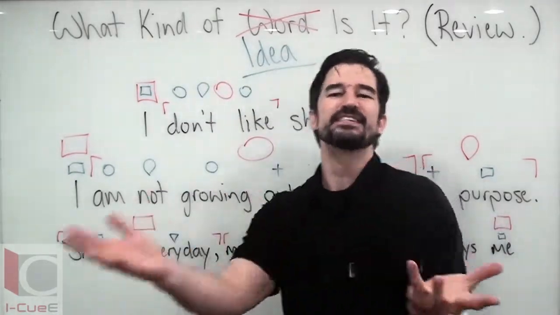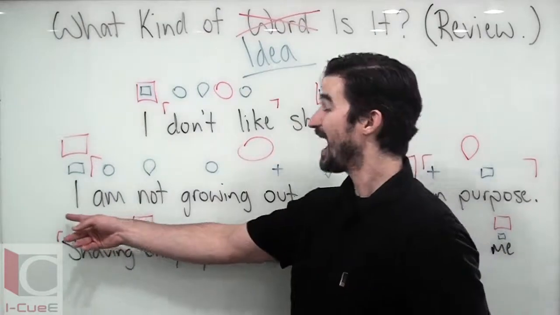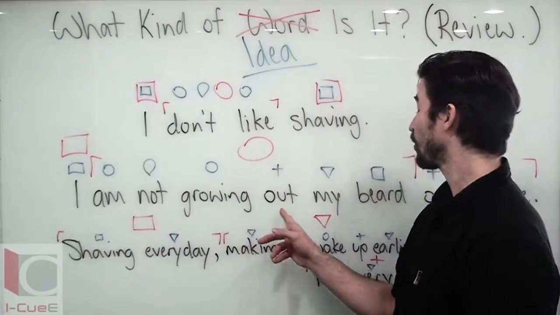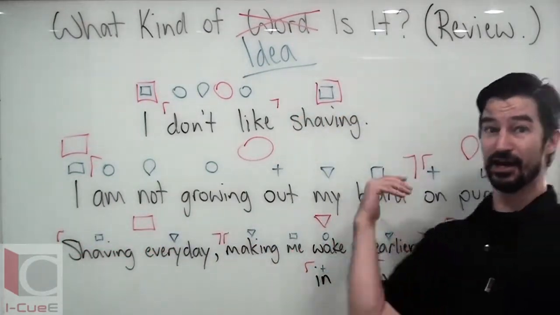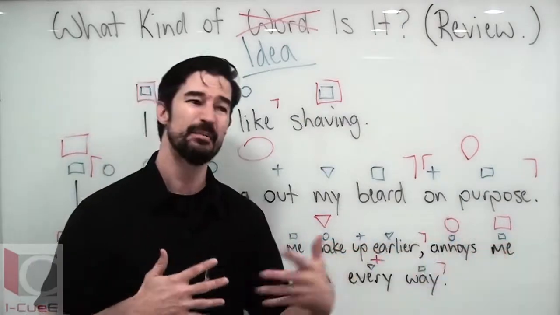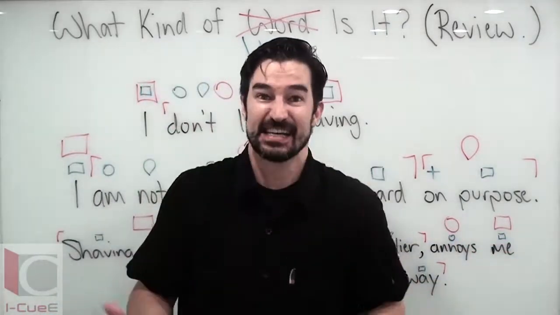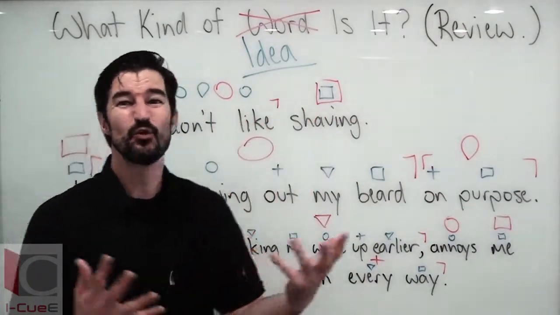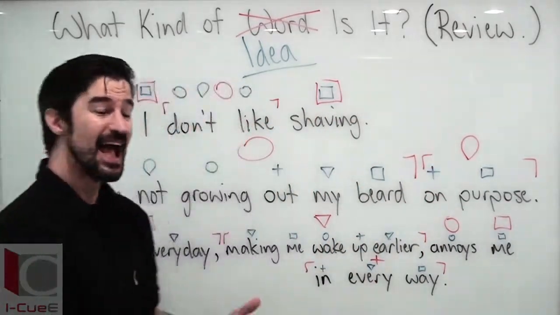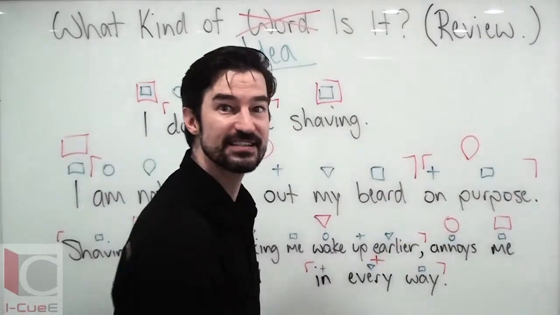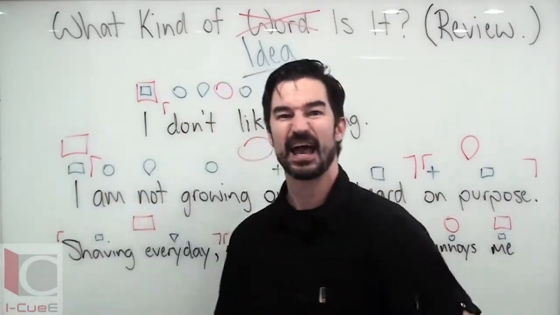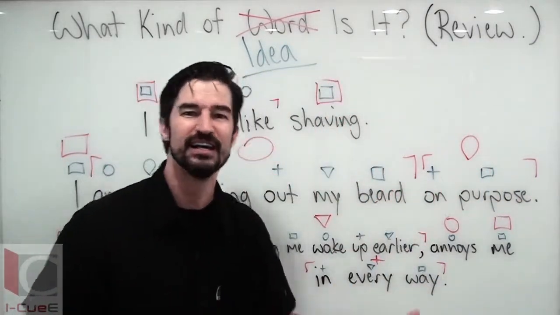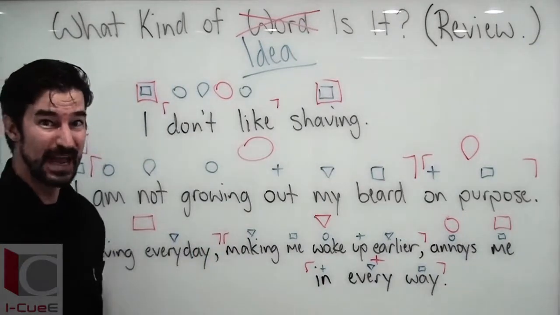And it can obviously get more complicated. I am not growing out my beard on purpose. I mean, obviously it's not like an accident. I'm just not shaving. I just don't like it. So there's no reason behind it per se. And if I take this thought, this complete sentence, and I break down every little word, then you see it gets really complicated.